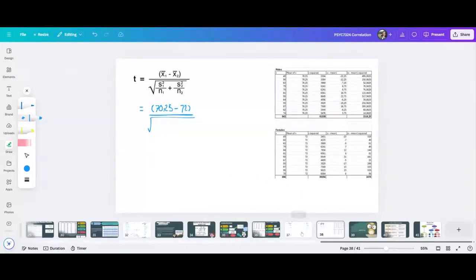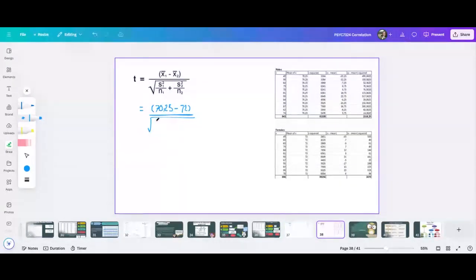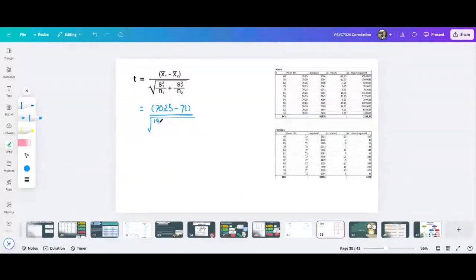Now our first variance was 192.57, over, and remember now it's over n, not n minus 1, okay? So now it's 12. We had 12 participants.